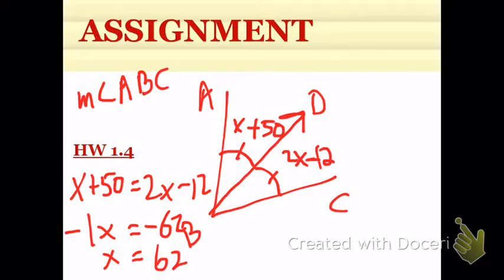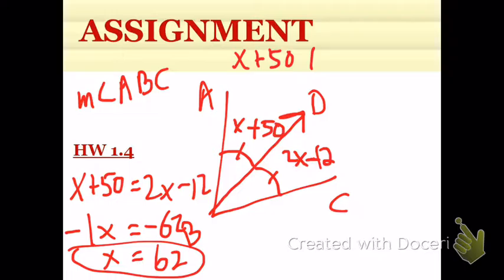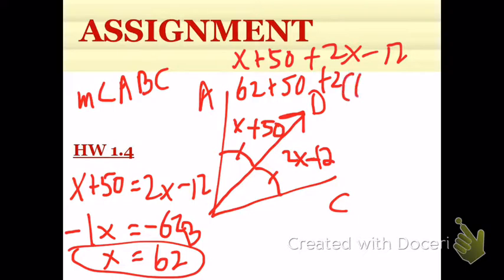And then once I solve for x equals 62, I plug it in to x plus 50 plus 2x minus 12, so that's going to be 62 plus 50 plus 2 times 62. This is going to end up being more than 180. The numbers don't add up right, but anyways, you would plug it in and you get your total.